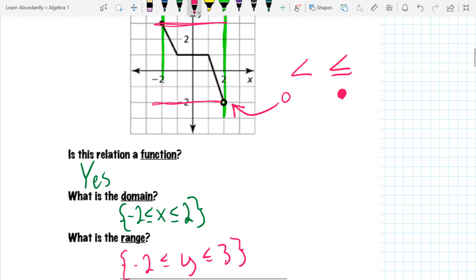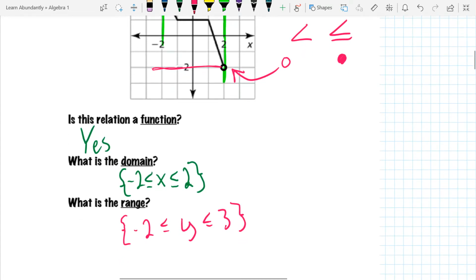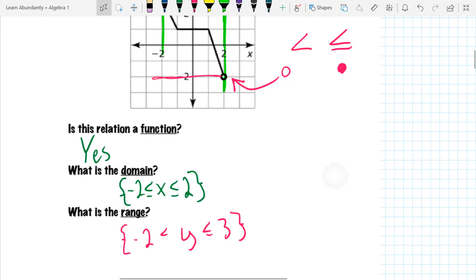Which means when we look at our graph, the lowest y value is not equal to, it's just less than. And the highest x value is just less than. So I want you to notice whenever we see that open circle, we need to use just less than and not less than or equal to.